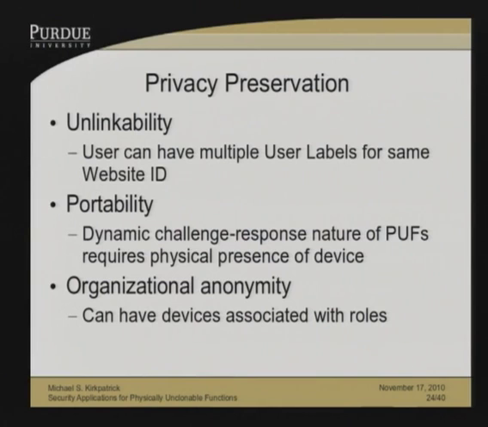As I said before, this is a privacy-preserving authentication scheme. Users can have multiple labels for the website, and the service provider doesn't necessarily know. So there's unlinkability between the logins. There's also the portability aspect: because of the dynamic nature, you can use it with untrusted terminals. And then you can also have the organizational anonymity.